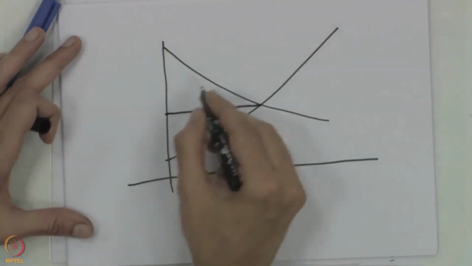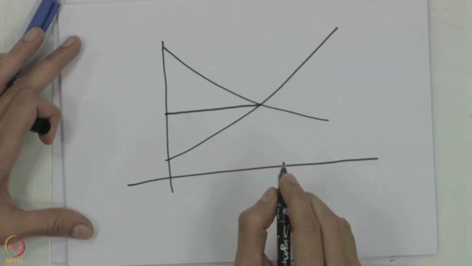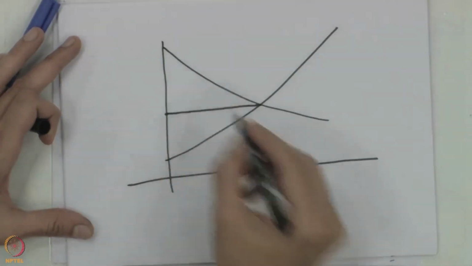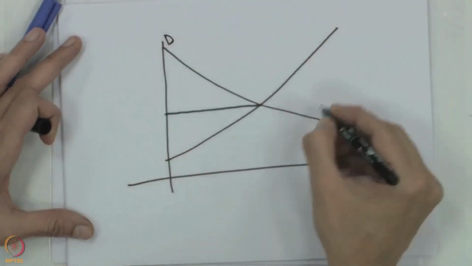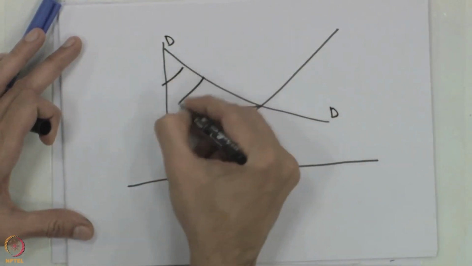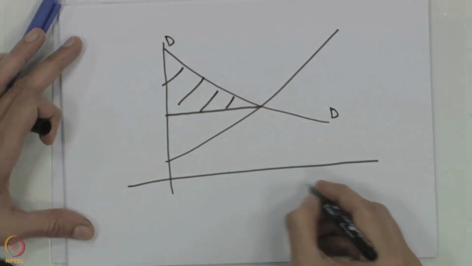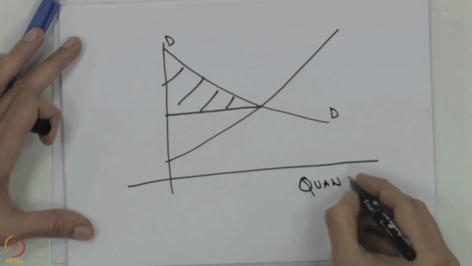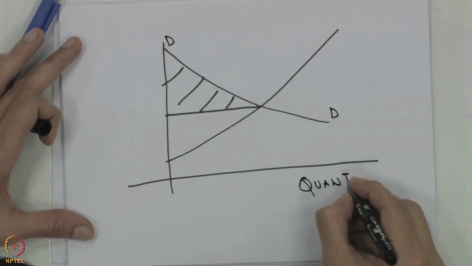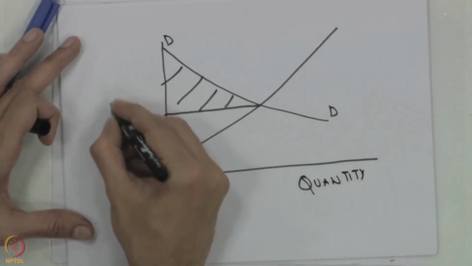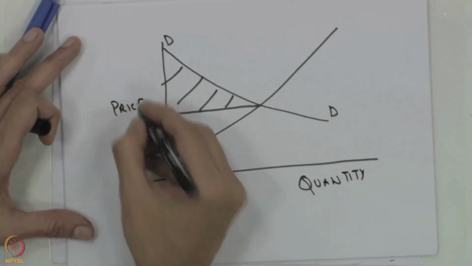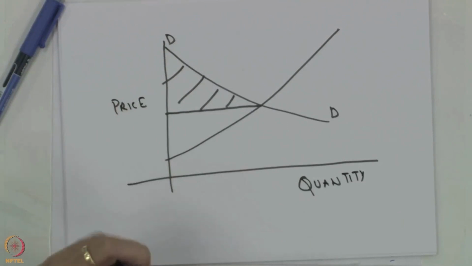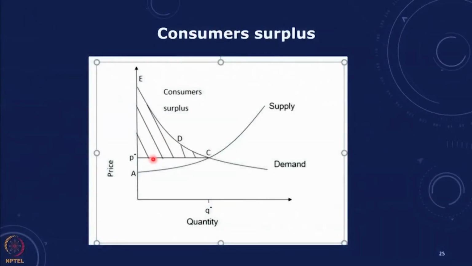So in general, this is quantity and this is price, and this is the consumer surplus. So, you can see that this is the consumer surplus, this is P star and this is Q star.